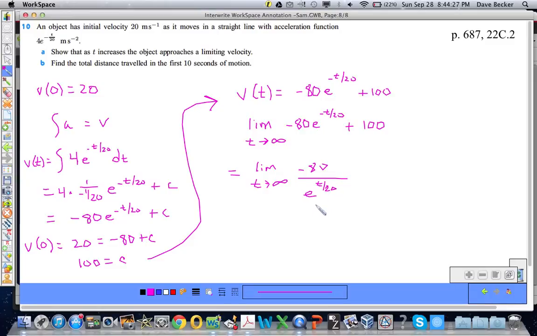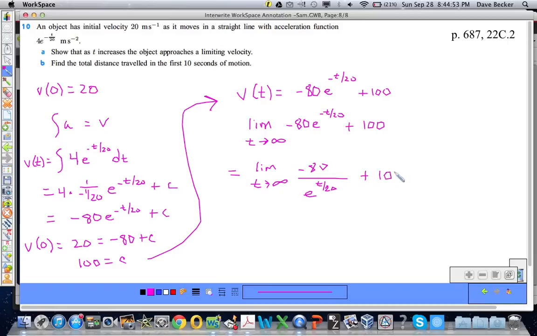As t gets larger and larger, e to the t over 20 in the denominator is going to go to infinity. And negative 80 over this large number is going to go to 0.